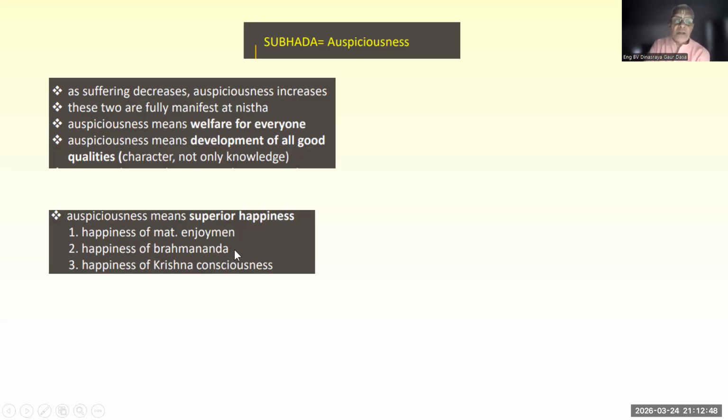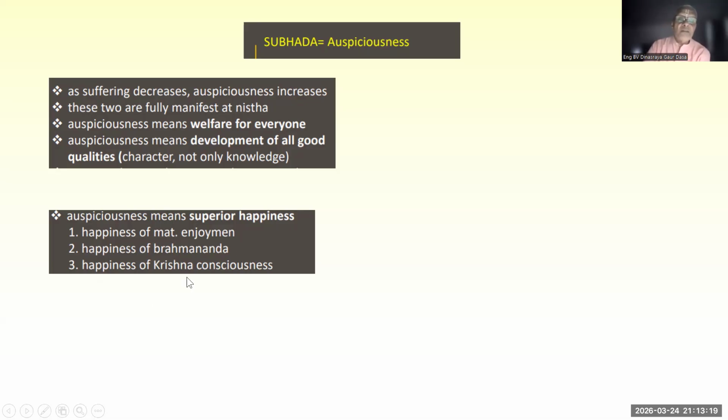Why? Because as soon as the stock of punya or sukriti is over, the person falls down and again enters the cycle of birth and death. This happens with yogis, philosophical speculators, and impersonalists or Mayavadis. They derive this kind of happiness, but their happiness is transitory again.